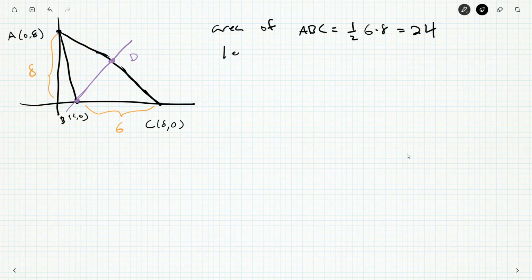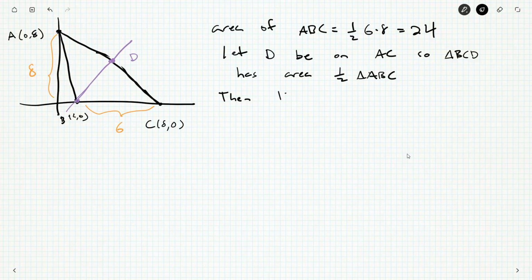So let D be on AC, so that triangle BCD has area 1/2 of ABC. Then the y coordinate of D is the height of BCD.